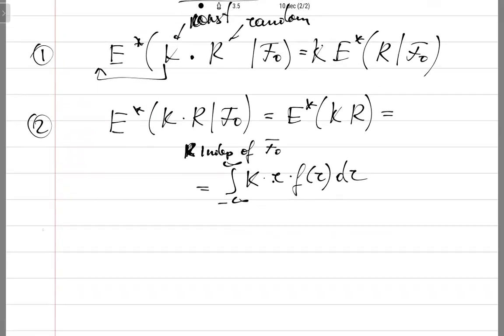Sometimes you can use martingale properties.